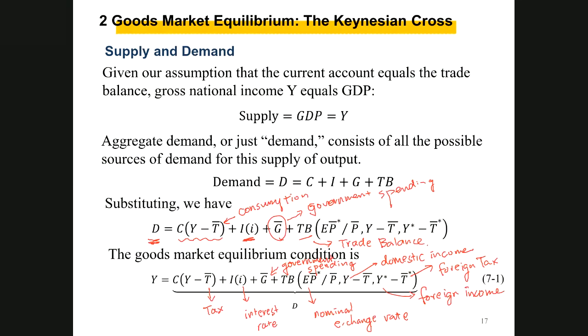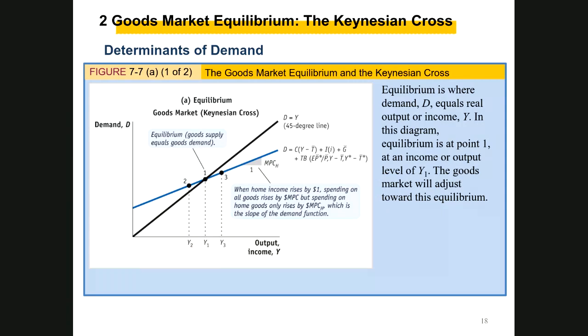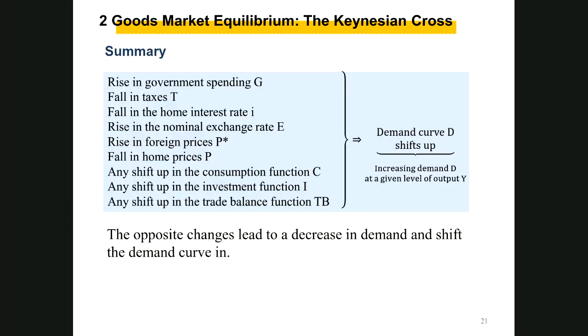Okay, so let's see what happens if the demand curve shifts up. If government spending increases or there is a fall in the tax, one increases, this one decreases. Why does this one increase? The demand will go up. The demand is equal to C plus I plus G plus X minus M, right?